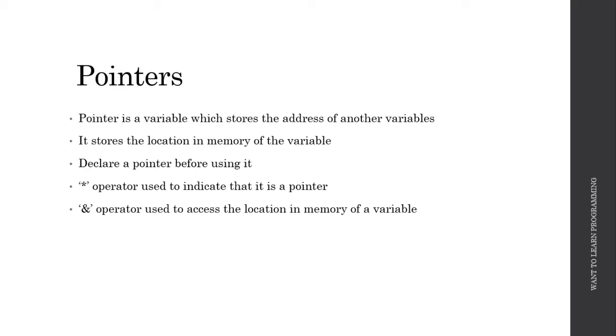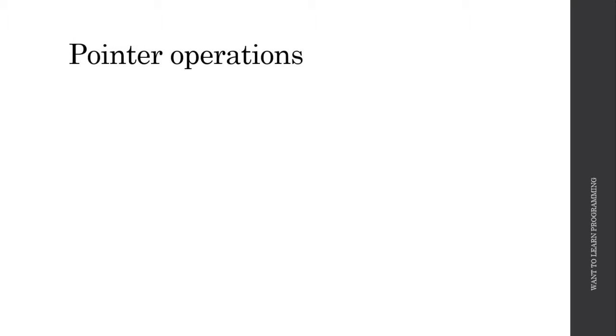So let's look at some primitive pointer operations. First, the syntax for declaring a pointer is data type, star, followed by the variable name. Remember that this data type is the data type to which the pointer will be pointing. For example, to point to an integer, it will be int star variable name.